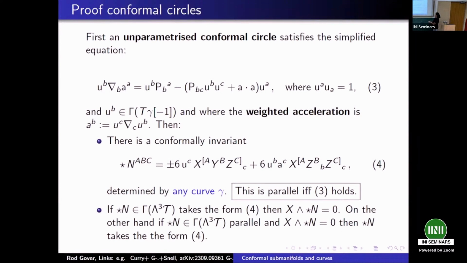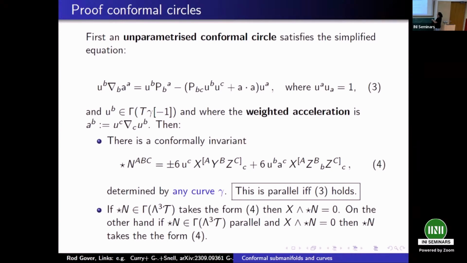So observe that if you have a 3 tractor that takes this form, then it satisfies the incidence relation of wedging with X being 0, because look, there's an X in those 2 things, right? So that gets killed. So that does the theorem in one direction, because if it's a conformal circle, you have this and the wedge is 0.